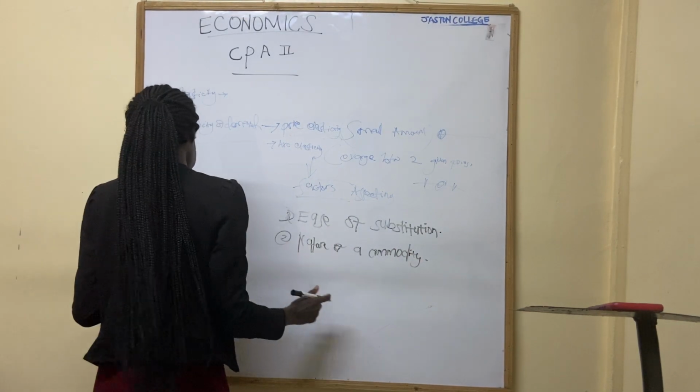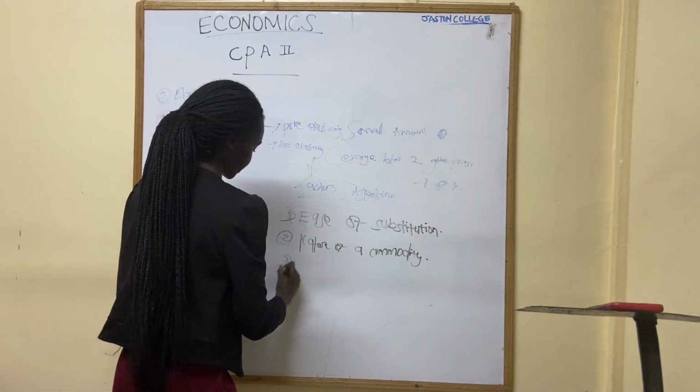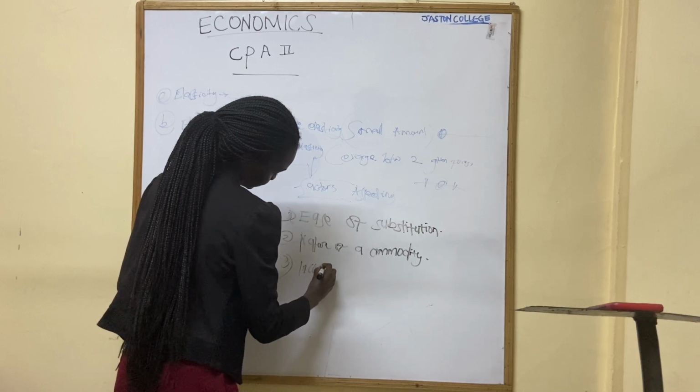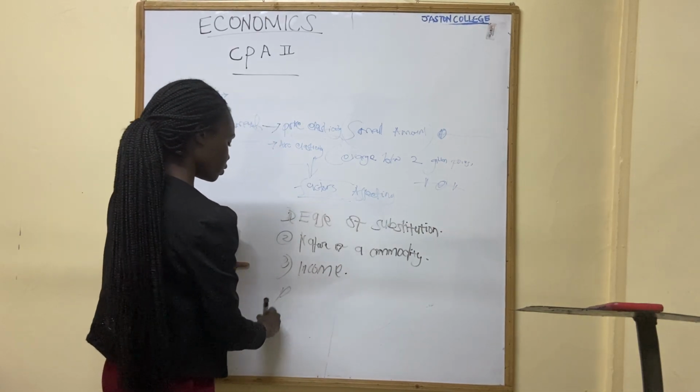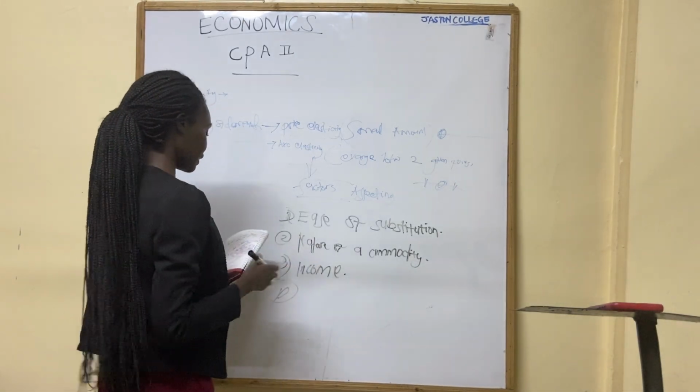And the third one is consumer's income. The fourth one is the price of other related products.